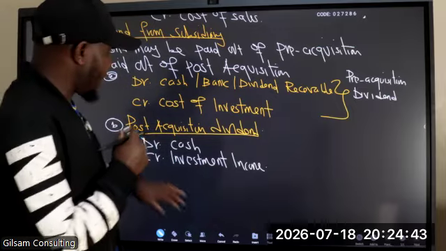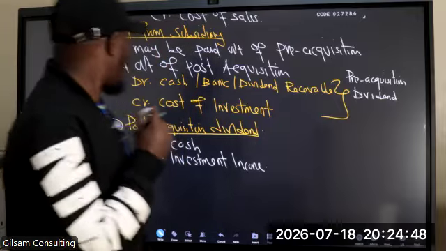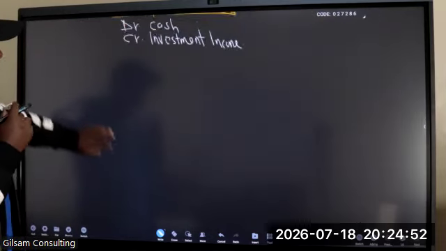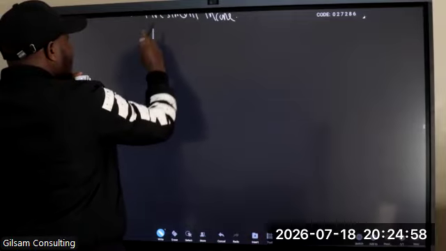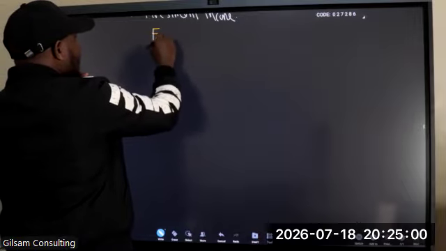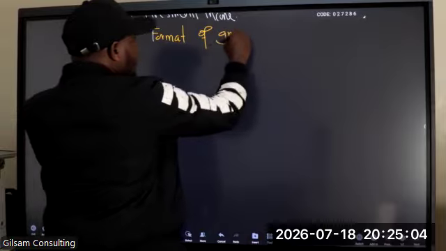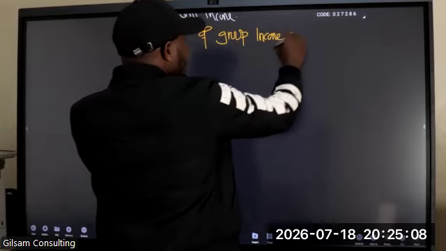So let's see the format of a group income statement.